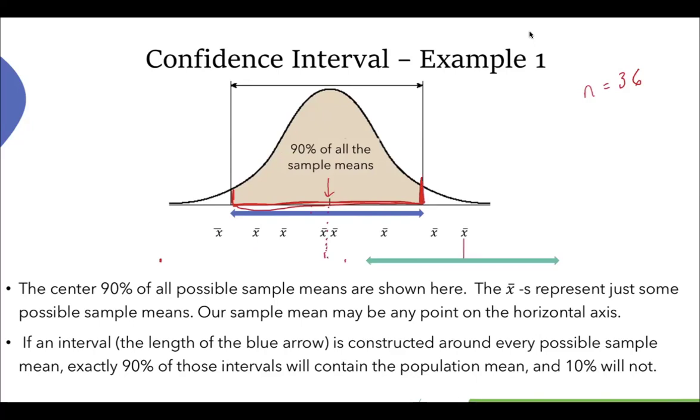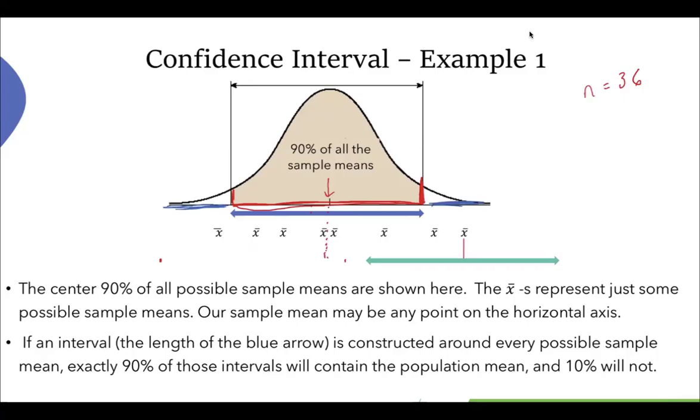The population mean is captured in intervals for the middle X bars, but when the X bar that we happen to choose is way off on the left or way off on the right, we fail. We don't get the true population mean.